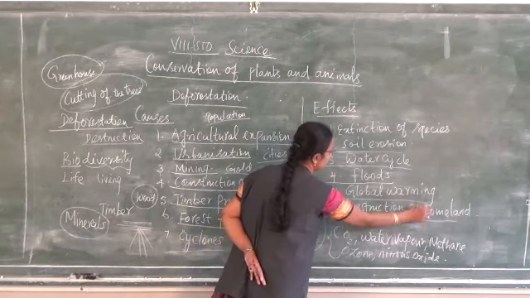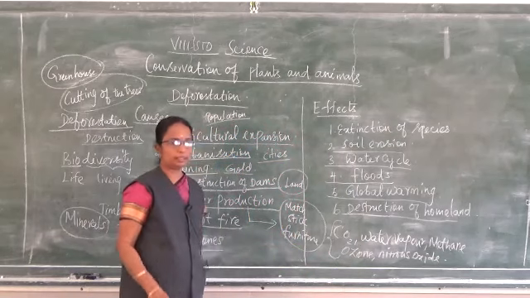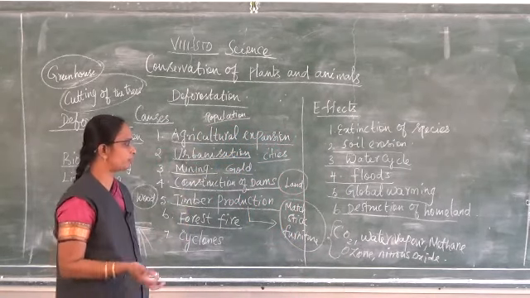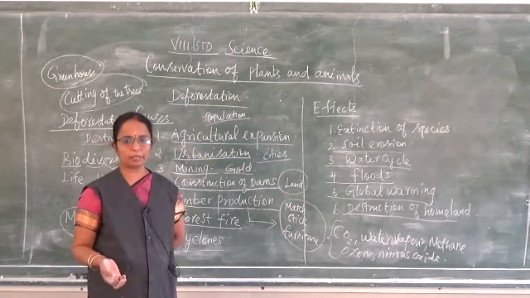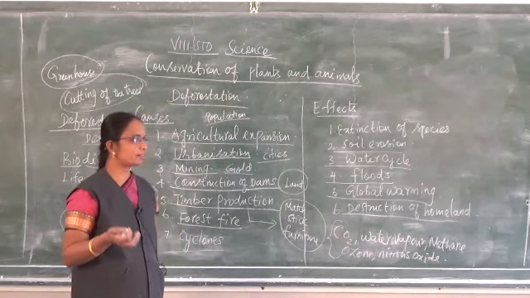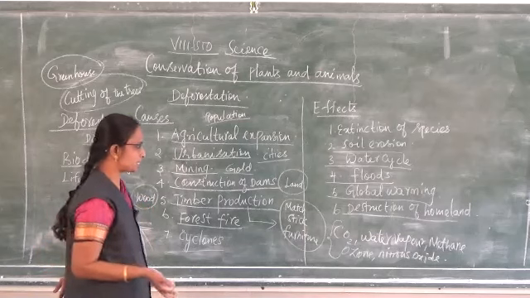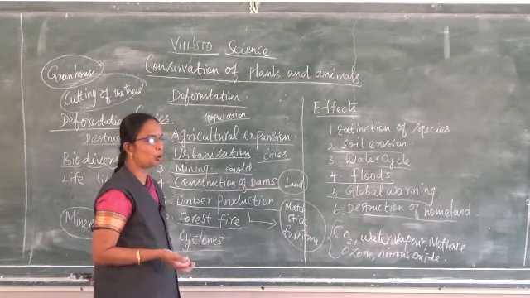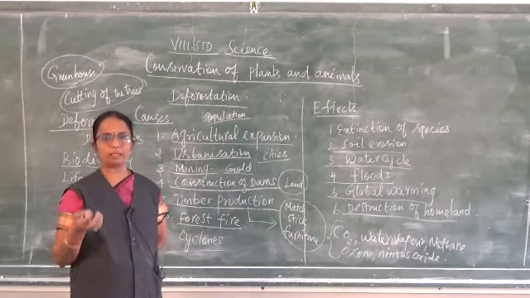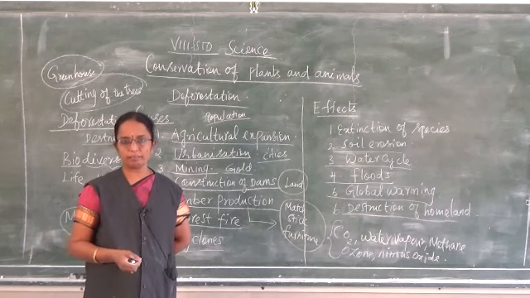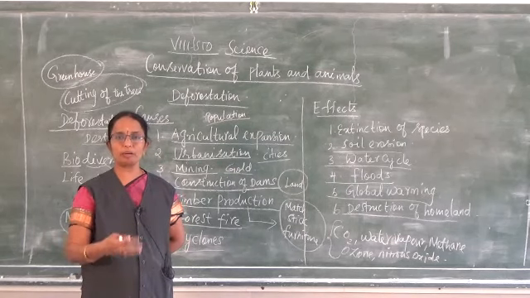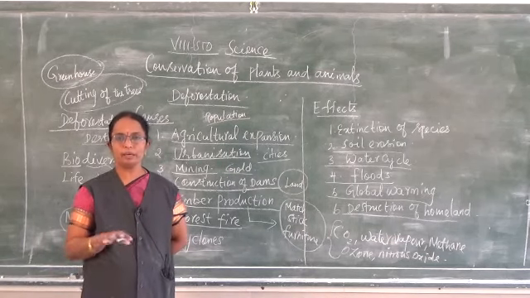Then global warming, the increase in temperature in the atmosphere, is known as global warming. Why did it happen? Because of the accumulation of carbon dioxide gases. Then destruction of homeland. Some people are dependent upon the forest for their survival. If we destroy the forest, what will happen? Their livelihood will be destroyed.